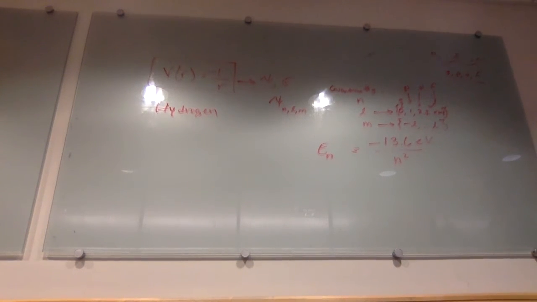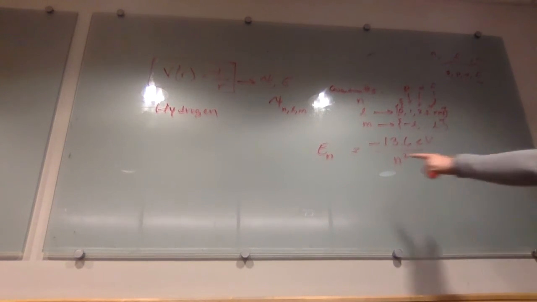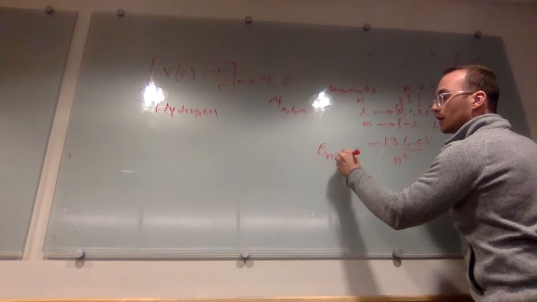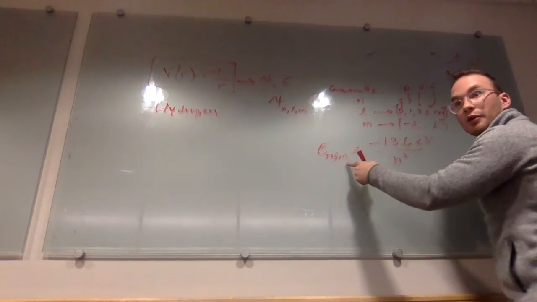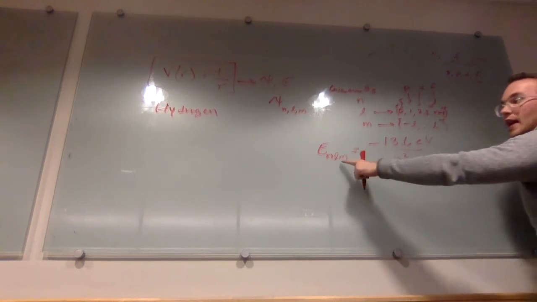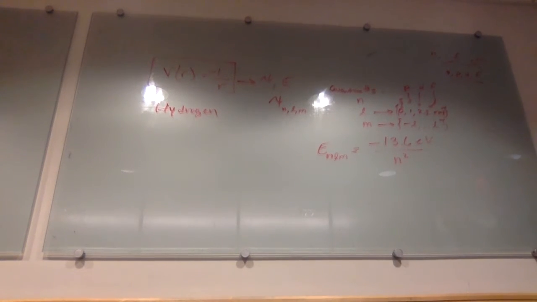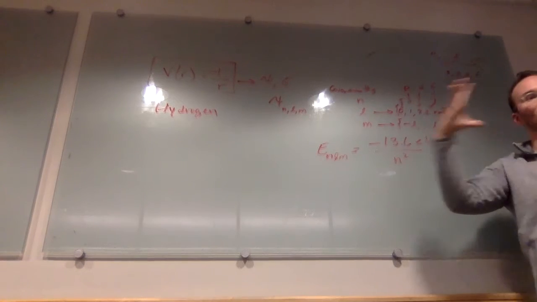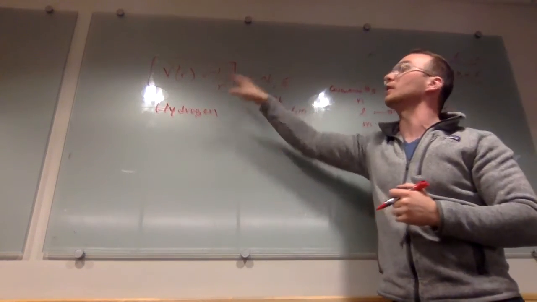The next cool thing, which actually makes it easier than the box, is that the energy levels, of course, are still defined by 3 quantum numbers, but it turns out that they actually don't depend on L and M at all. And that has to do with the fact that N is the one that tells you about the radius, and the radius is the only thing that appears here.